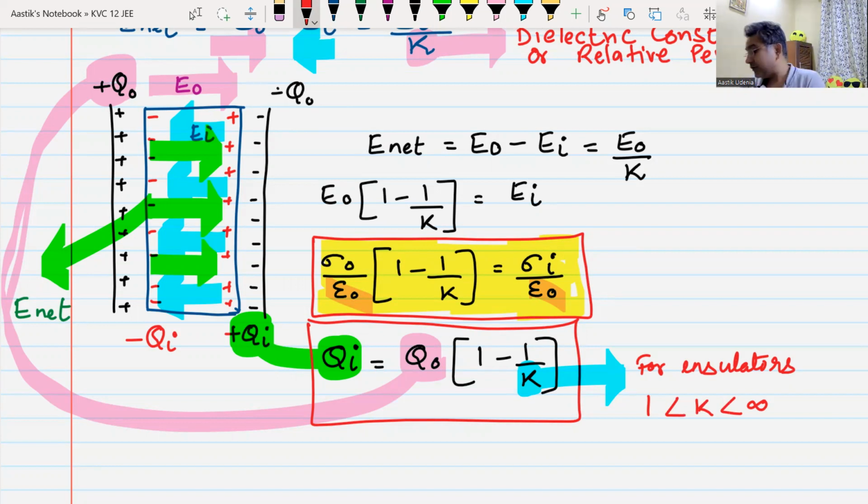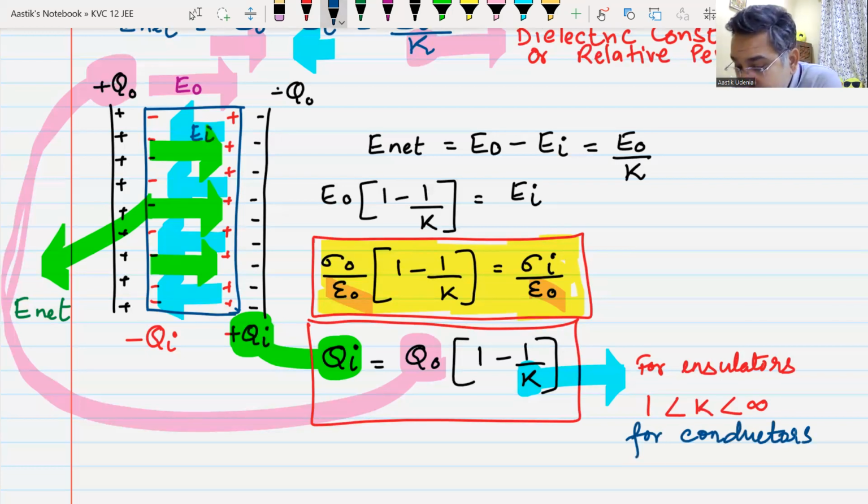Now, if you know that for insulators it varies from 1 to infinity, applying some common sense, can you tell me what will be the value of K for conductors? Infinity, sir. Yes, the value of K for conductors is infinite.